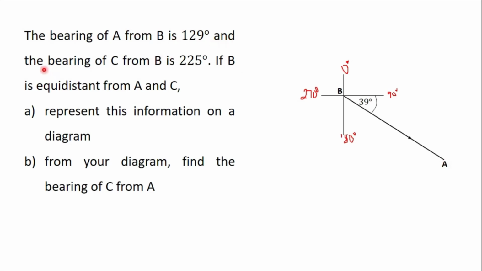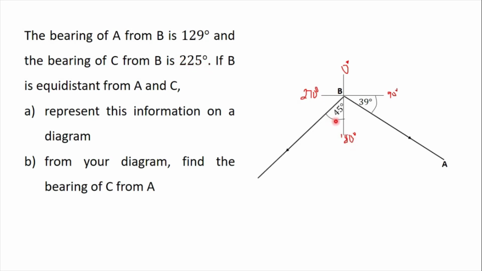The second part says that the bearing of C from B is 225 degrees. Once again, we are taking the bearing from B, so we are still going to take the bearing from this point. 225 degrees is going to be between 180 degrees and 270 degrees. So you ask yourself, what should you add to 180 degrees in order to get 225 degrees?